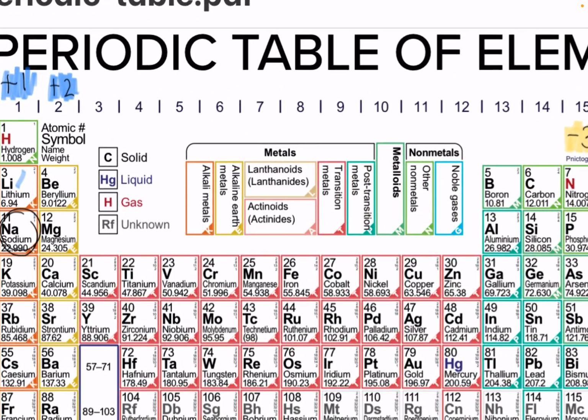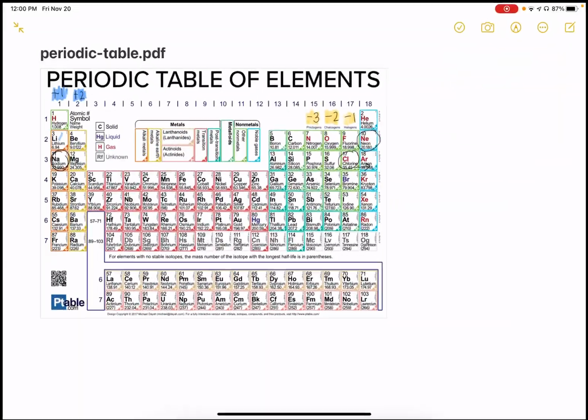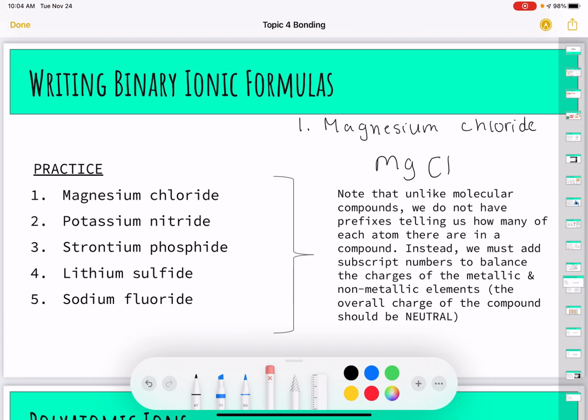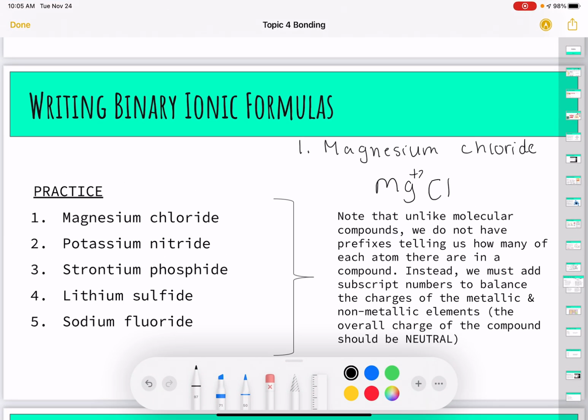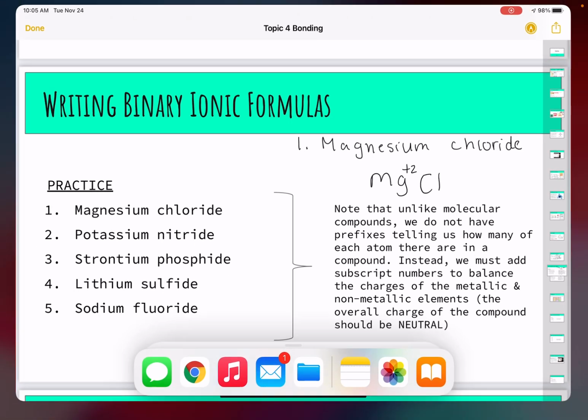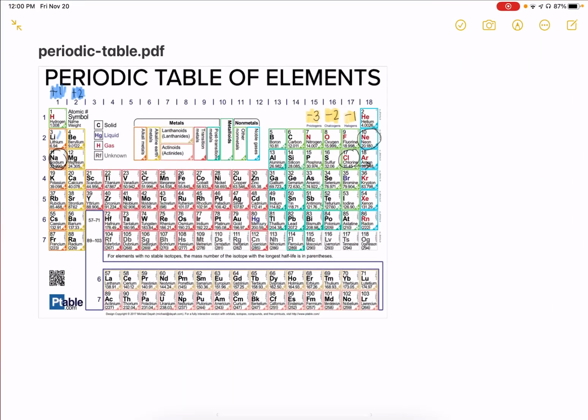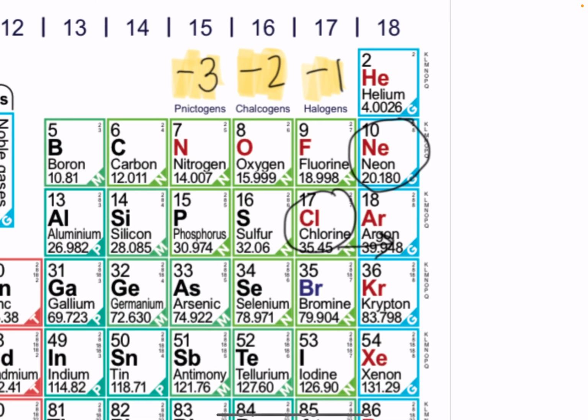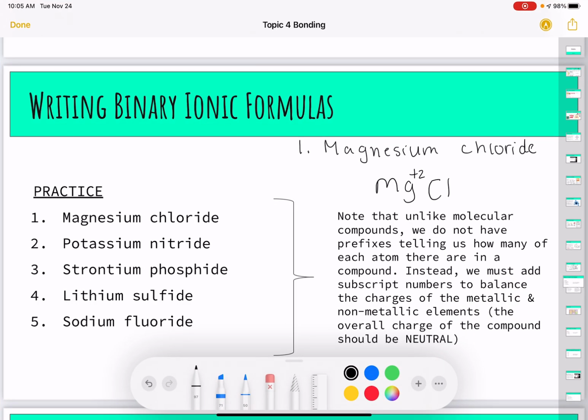See, number 12, at the very top of that row, I've got +2. So I'm going to write a little +2 above the magnesium. Now I'm going to look up Cl, and I'm going to find out that it's in the column that has -1 above it. So I'm going to write a -1 above it. Okay?